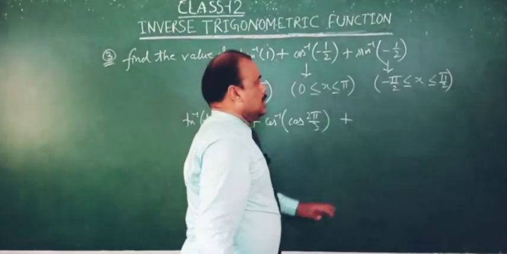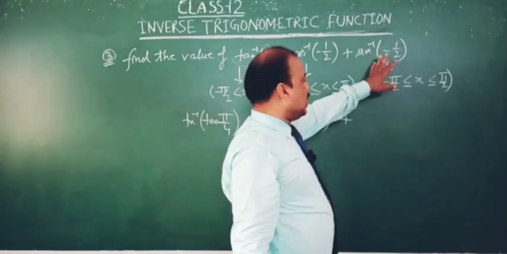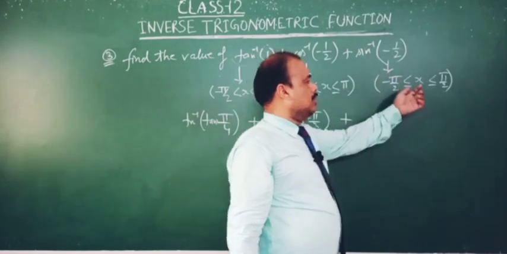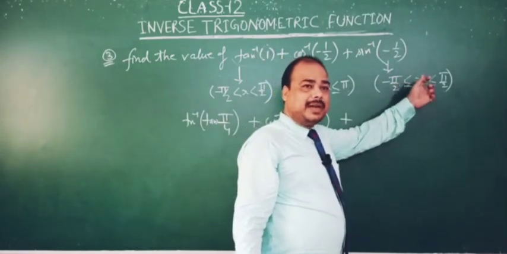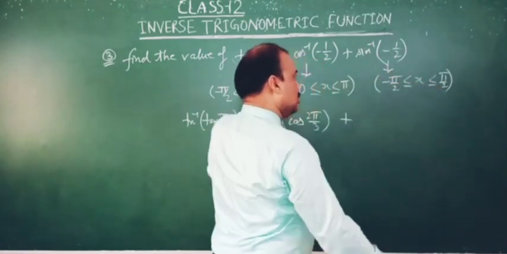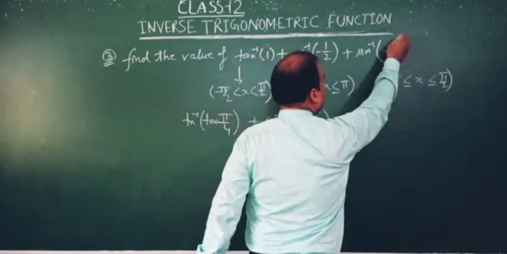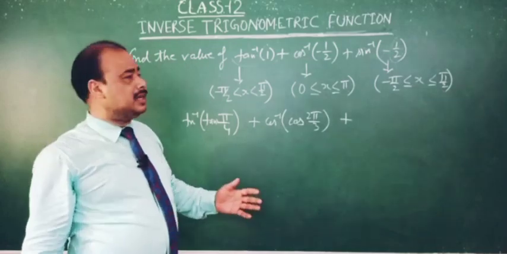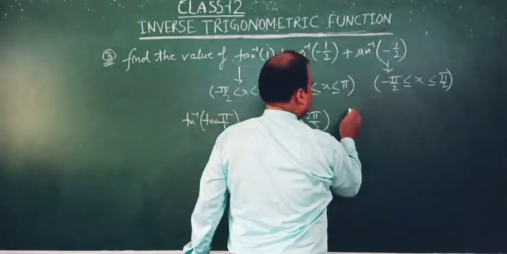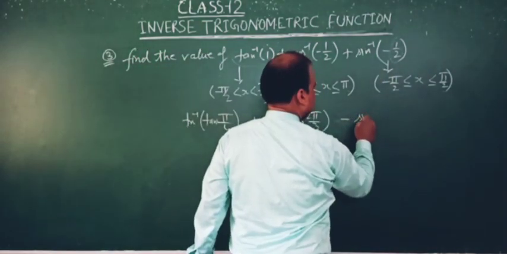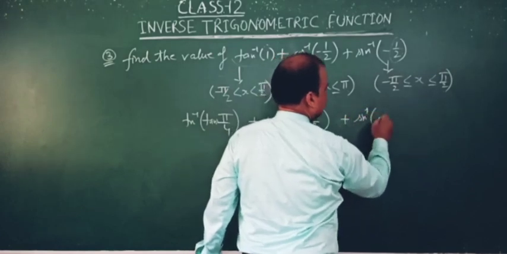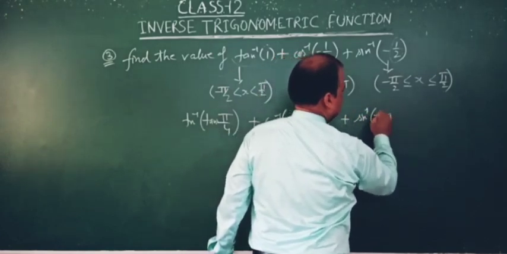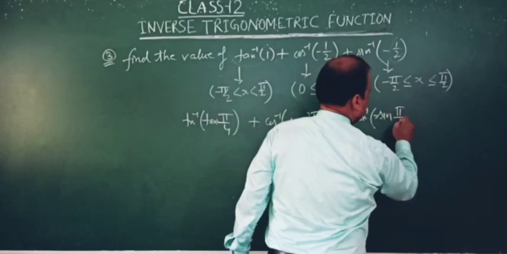And in case of sin inverse x, the principal value lies between negative pi by 2 and pi by 2. So half is the value of sin pi by 6, it means sin 30, but negative, so sin negative pi by 6.